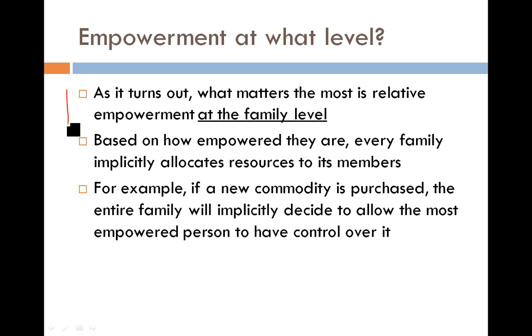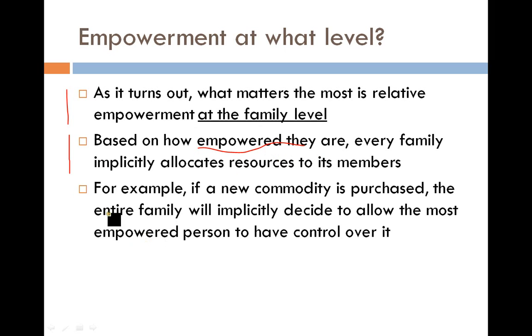Now what happens at the family level is that, based on how empowered they are, every family implicitly allocates resources to its members. There is no explicit discussion for the allocation, and it happens implicitly, but it completely depends on the empowerment of the individual.